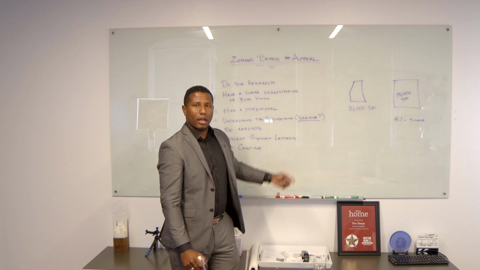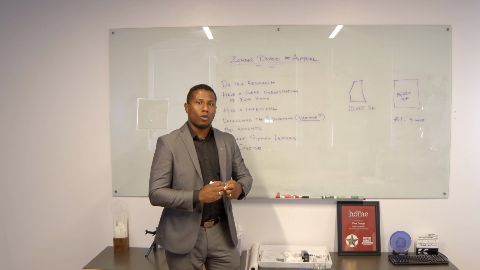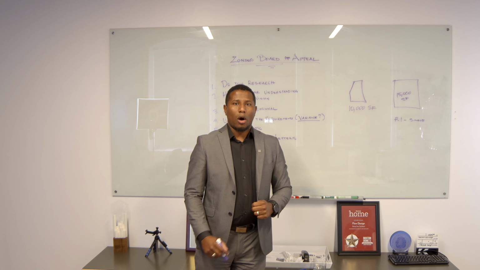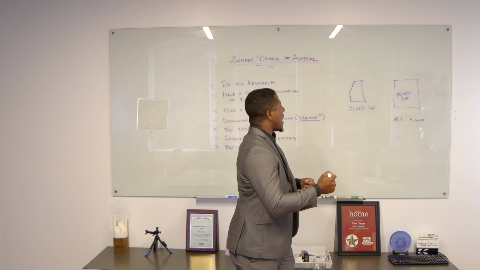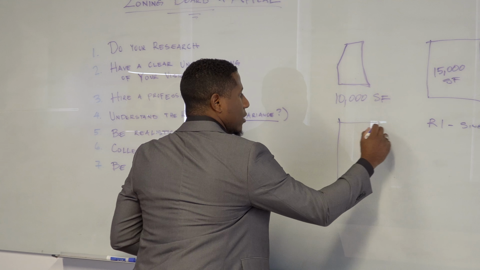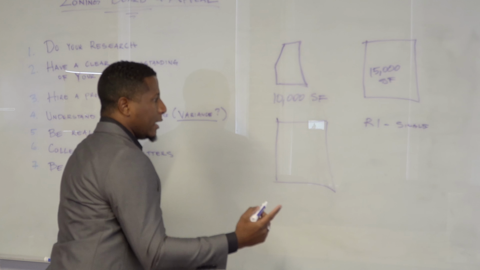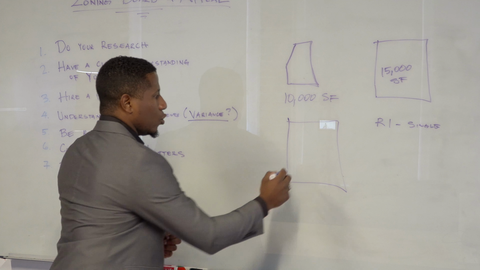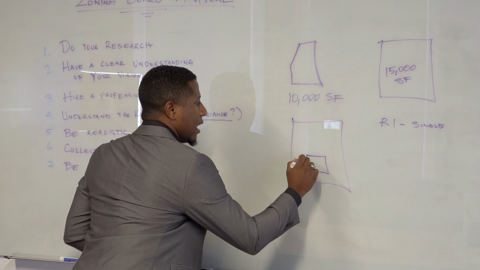If that means relief for your lot, let's say you have a lot, and let's say you want to do an addition. I'm going to draw just a couple of squares here.